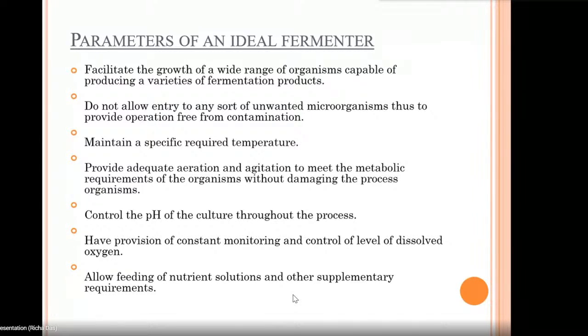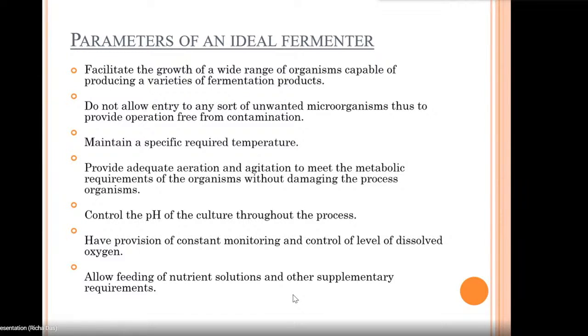Moving to the first point. My ideal fermenter should be such that I can grow any type of organism inside it, and I can make any type of product inside that fermenter. For example, if today I have used a fermenter to make curd, then tomorrow I should be able to use the same fermenter to make alcoholic beverages, or let's suppose teas.